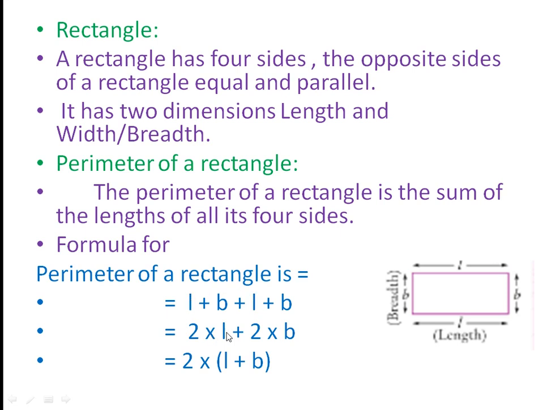First we add the two lengths, which is 2L, and next we add the two breadths, which is 2B. Now we write the perimeter of the rectangle as 2 multiplied by (L plus B). This is the formula for the perimeter of the rectangle. Now we see a small example on the perimeter of the rectangle.